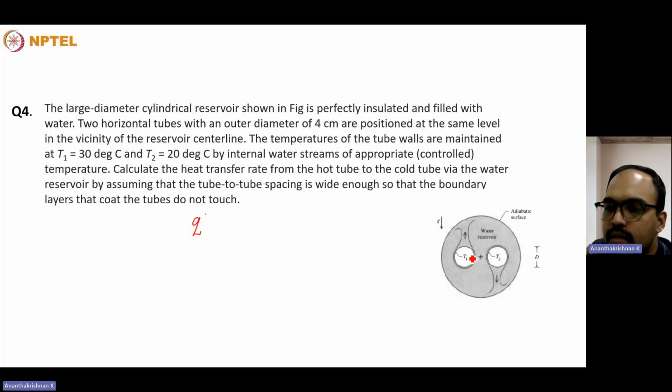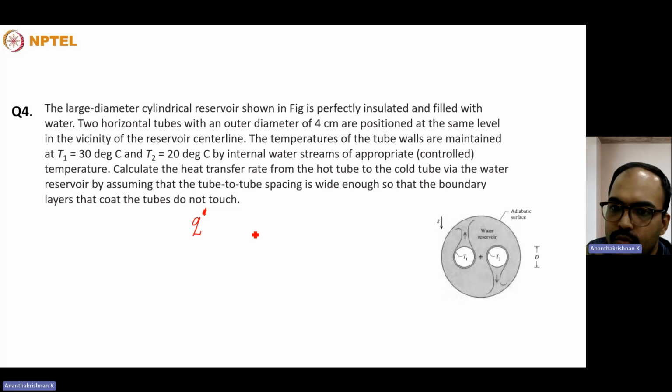So the temperature gradient in that particular dimension will be negligible compared to the temperature gradient in this dimension, from the first tube to the second tube on the plane of the paper. So we can denote the heat transfer rate from the first tube to the second tube.